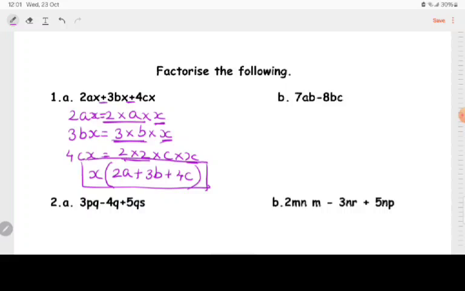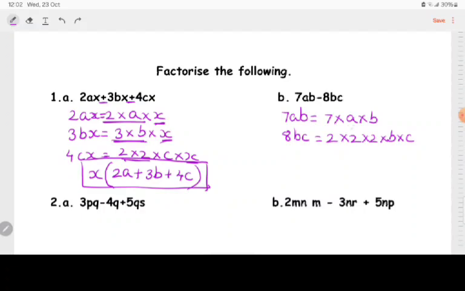Okay, let's move on to the next one. Here we have 7AB, which is equal to 7 into A into B, 8BC, which is equal to 2 into 2 into 2 into B into C. What do I have common? 7, not common. 2, not there in the previous monomial.